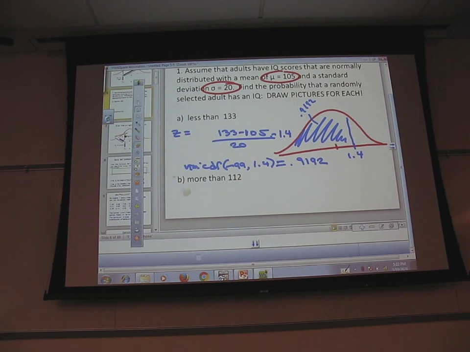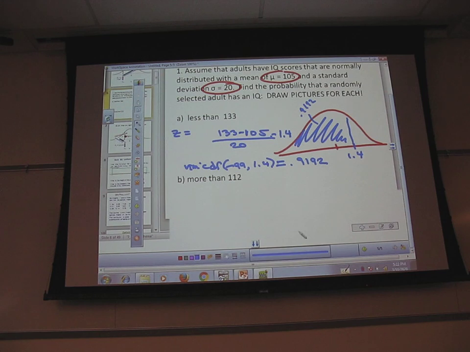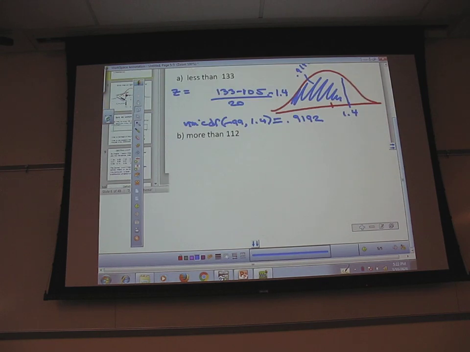All right. So more than 112. Again, you need to find the z-score, right? Is everybody done with this part? Yes? Do you need another 30 seconds to do the second part, part B?